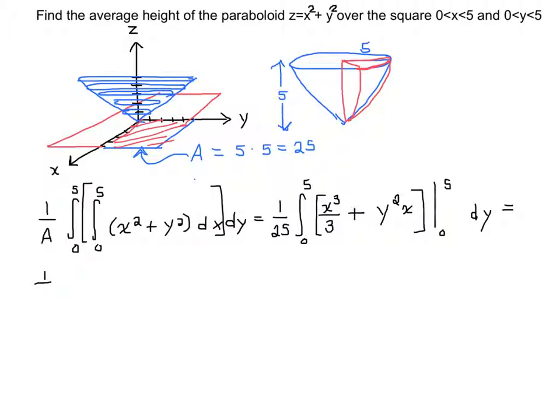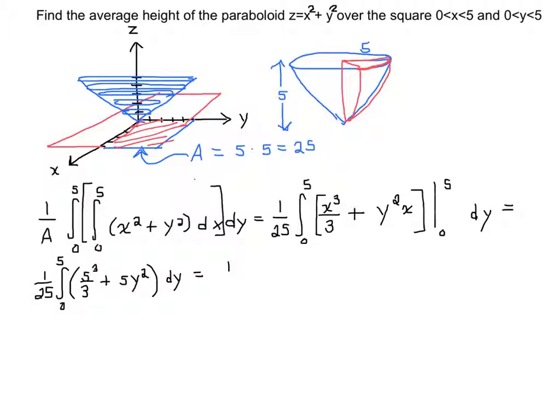So now what do we have? 1 over 25. Again, the outer integral goes from 0 to 5. And if we plug a 5 in, we get 5 cubed over 3 plus 5 times y squared. So that's our new integrand, and we integrate with respect to y.